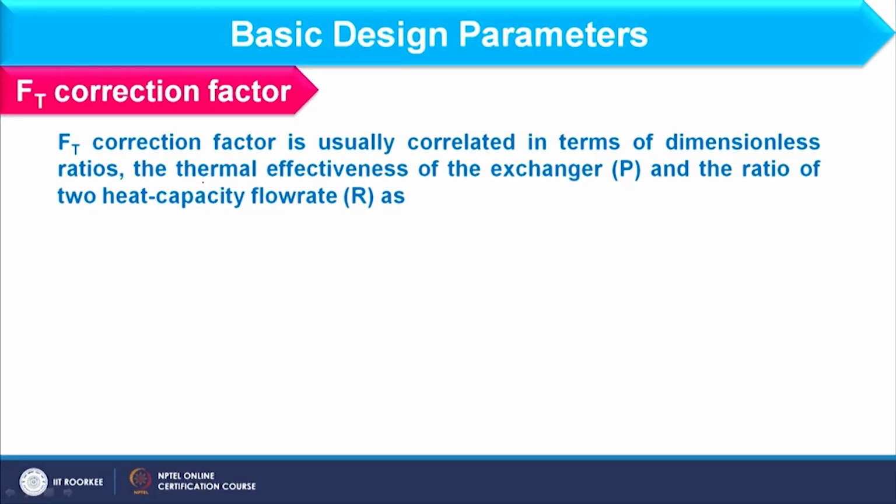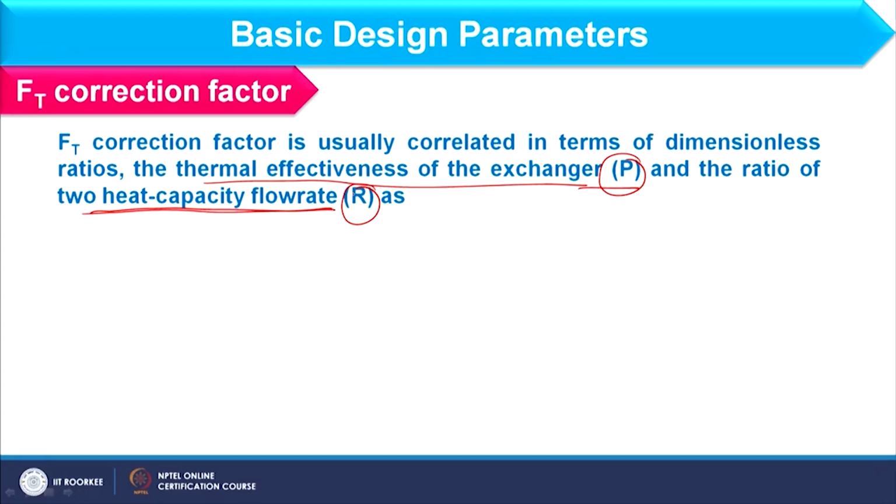As far as the FT correction factor is concerned, we consider two different parameters. The first parameter is the thermal effectiveness of the exchanger, which we represent with P, and the second is the ratio of the two heat capacity flow rates, that is R. Depending upon these two values we will determine the FT factor value.